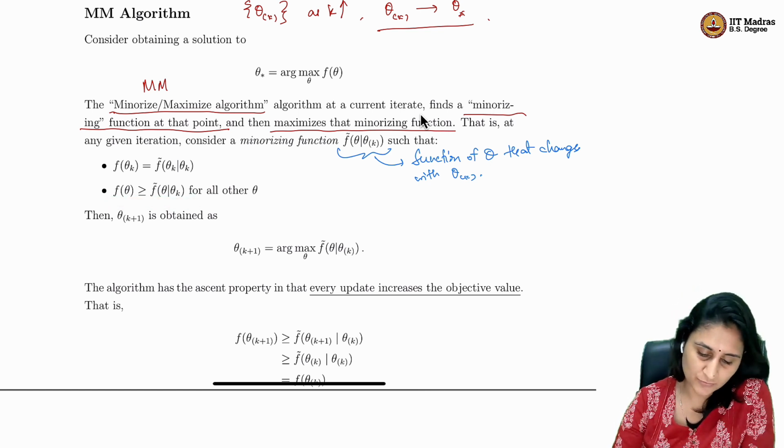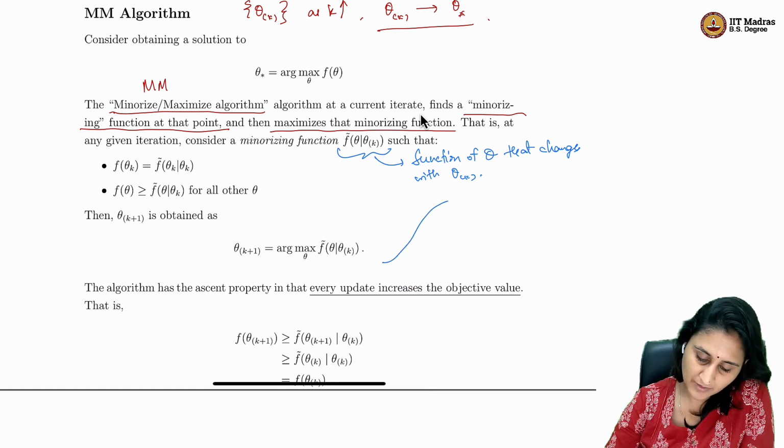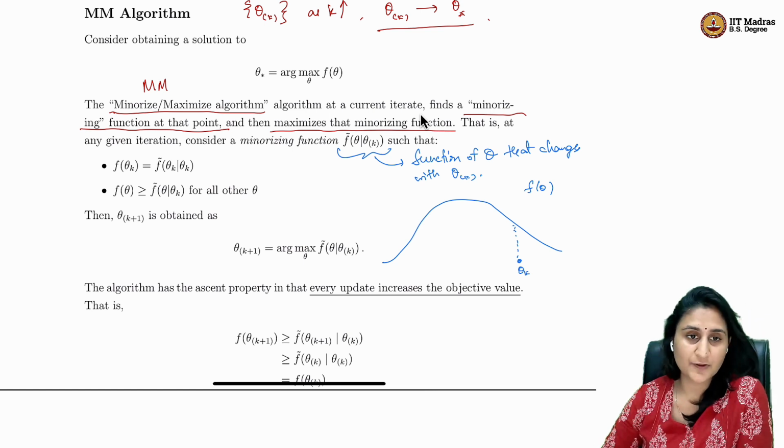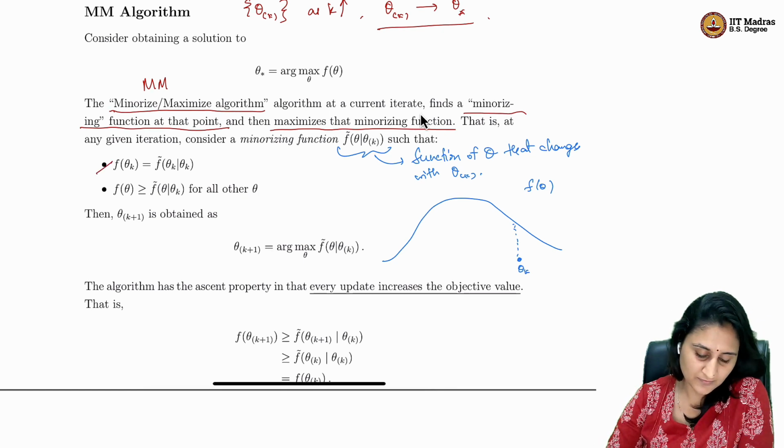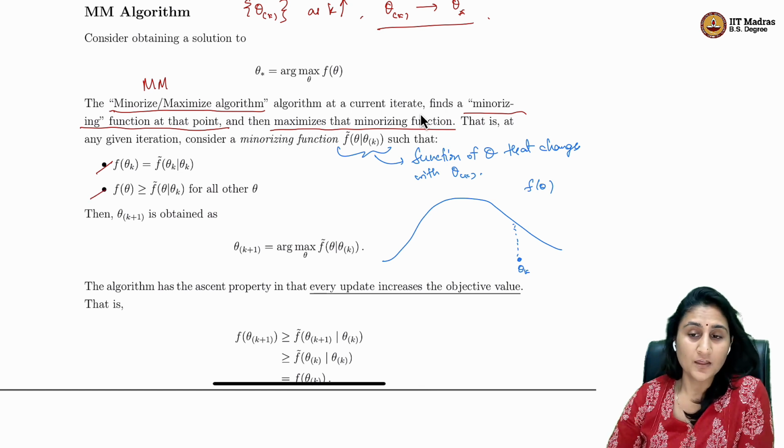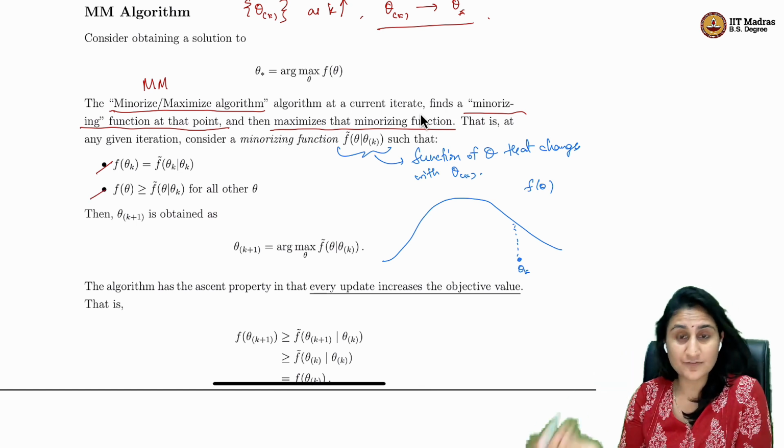So let's actually take a closer look. Let's say this is my objective function, f of theta, and this is the current value of theta k. Now, the minorizing function should satisfy two properties. The minorizing function will be denoted in red, and it will be denoted f tilde.